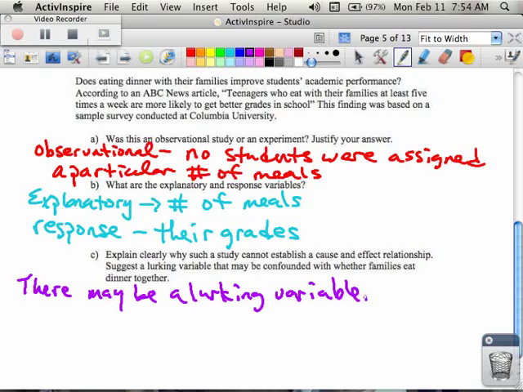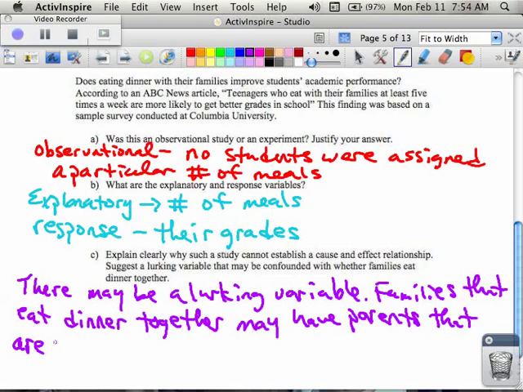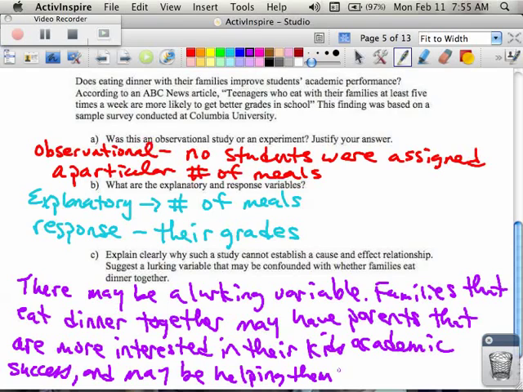For example, families that eat dinner together may have parents that are more interested in their kids' academic success and may be helping them with schoolwork.